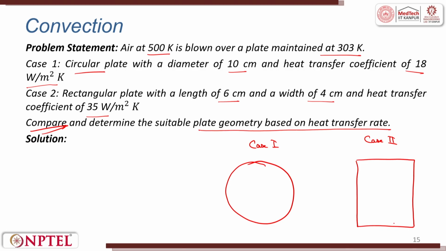In case 1 they say the diameter is 10 cm, and the heat transfer coefficient, I would say HC for the circular plate, is 18 watts per meter square Kelvin.